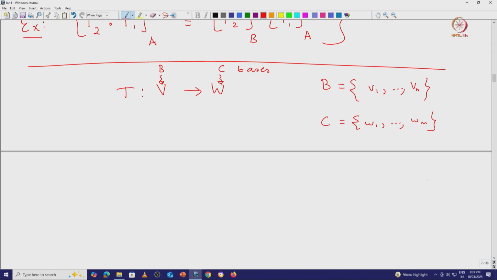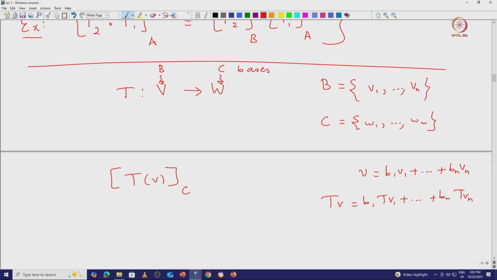Now, with respect to these bases we want to write down the coordinates. Let us look at the coordinates of the image Tv with respect to C, where V is given by b1 v1 plus etcetera plus bn vn. Then Tv is nothing but b1 Tv1 plus etcetera plus bn Tvn.